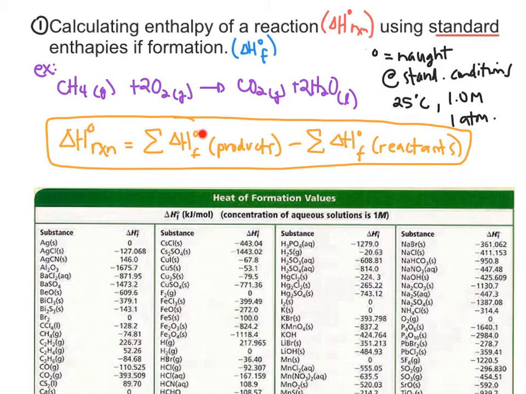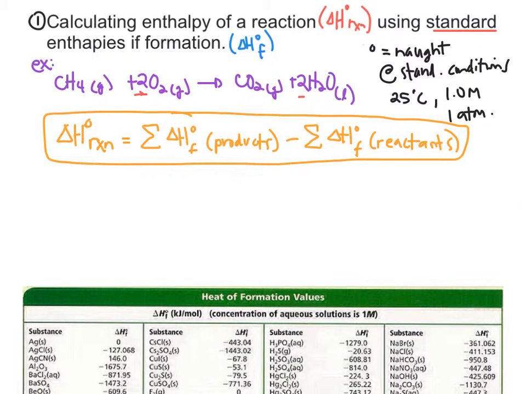So I'm going to add up the delta H of formation for my products, add up the delta H of formation for my reactants, and then subtract my reactants from my products. The only real trick is to make sure you notice your coefficients right in front, your molar coefficients, because the molar coefficients have to be involved in your calculation. So I think the best way to learn it is to just do an example.